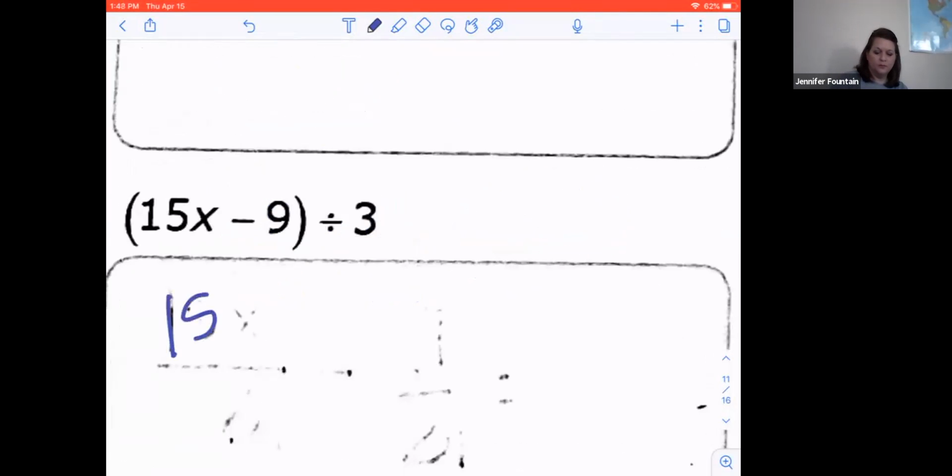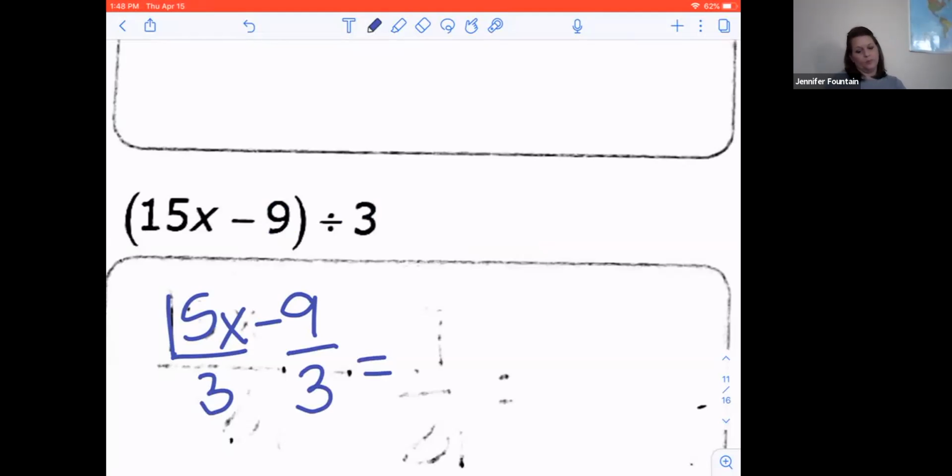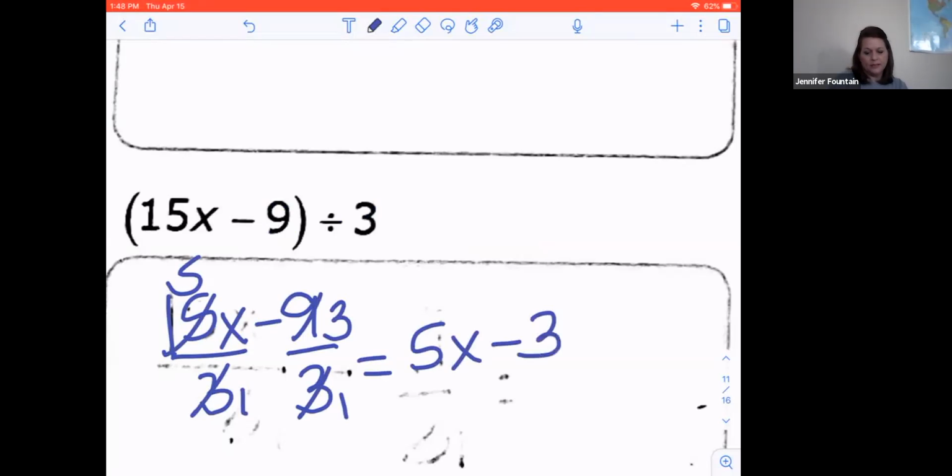And then 15x minus 9, dividing both by 3. 3 divided by 3 is 1. 15 divided by 3 is 5. 3 divided by 3 is 1. 9 divided by 3 is 3. 5x minus 3.